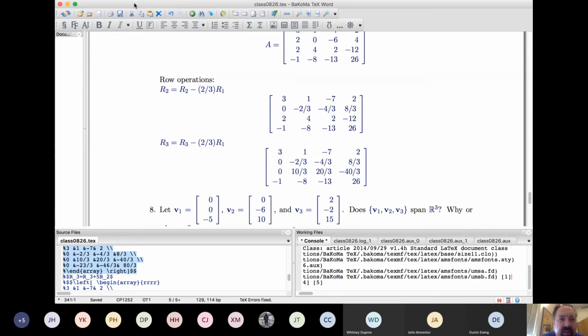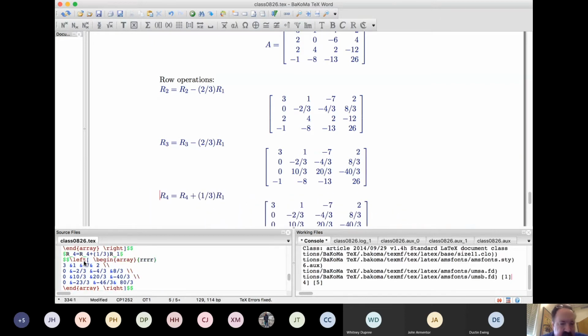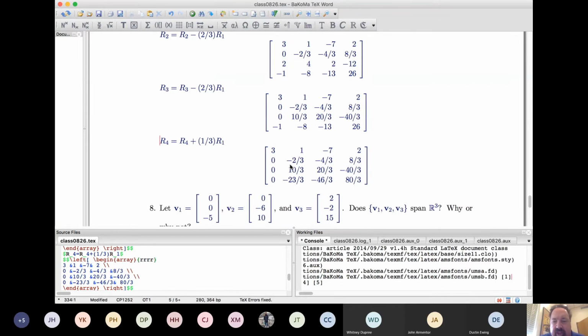This lets me do them all at once. No, it doesn't. Okay. So we're taking care of the first column, and unfortunately the numbers are only getting uglier.